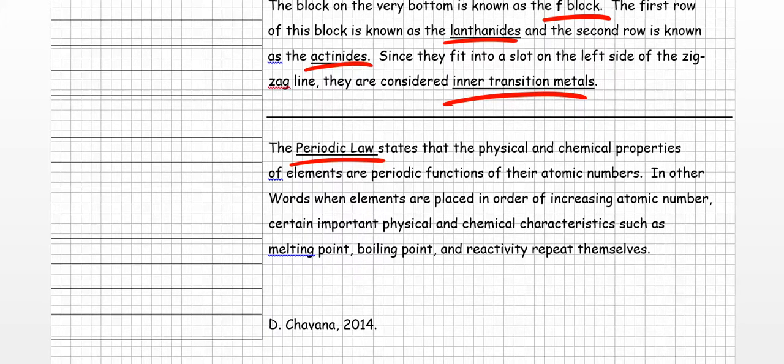In other words, the melting point and the boiling point are going to repeat themselves over and over again on the periodic table. Everything in the same column is going to have similar physical and chemical characteristics. And that's why we call it the periodic table.